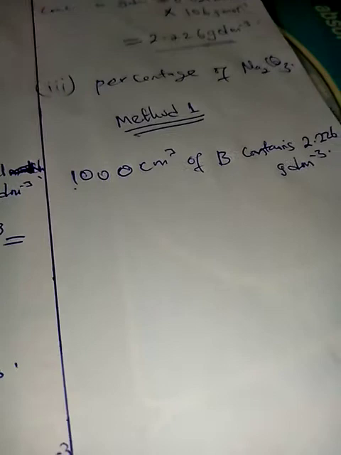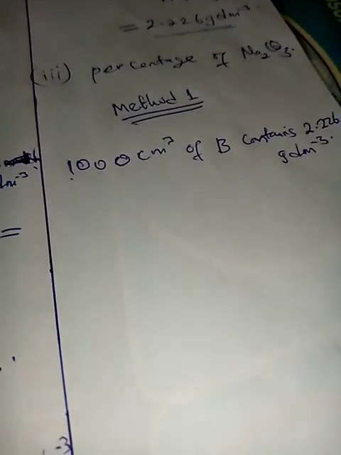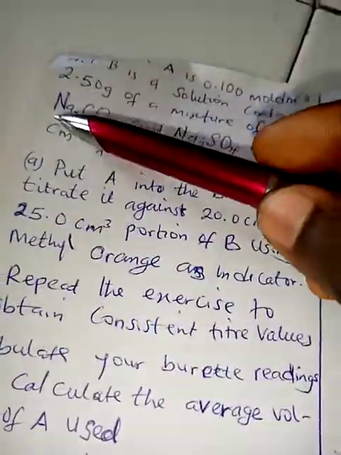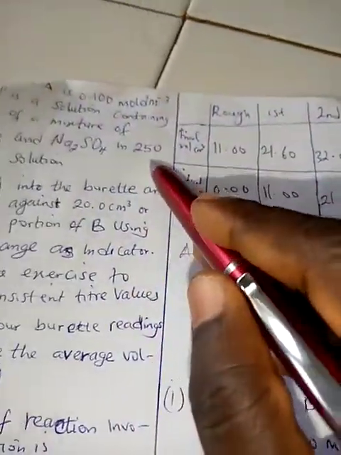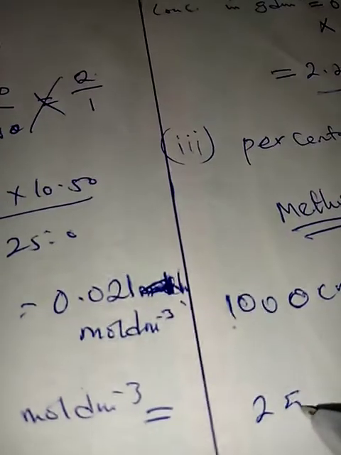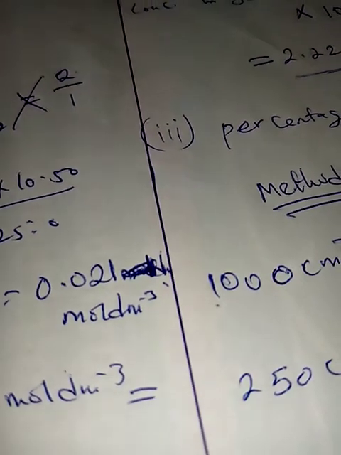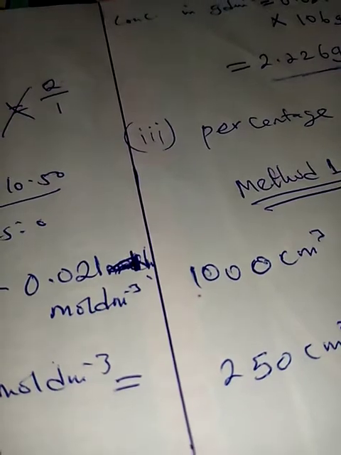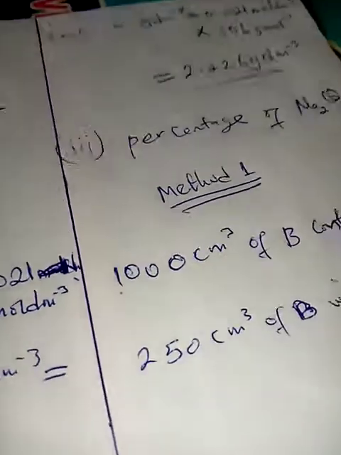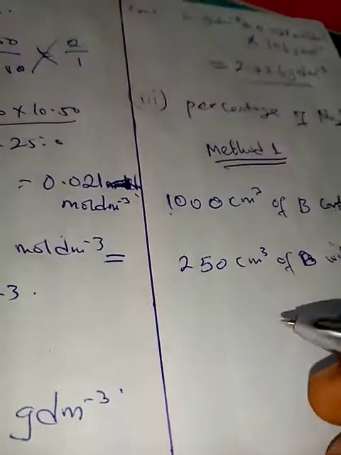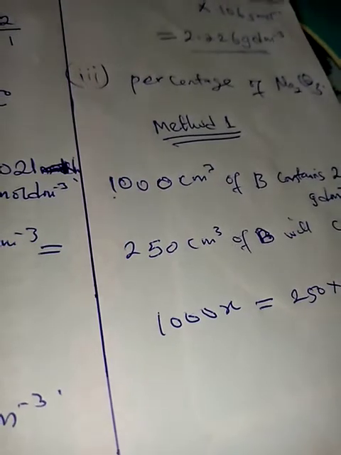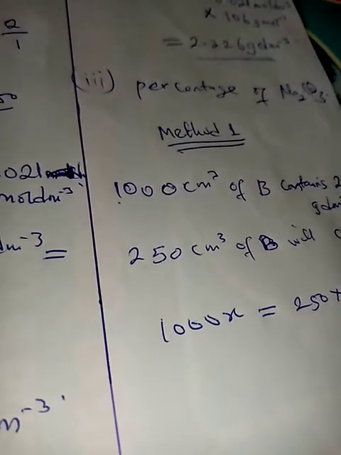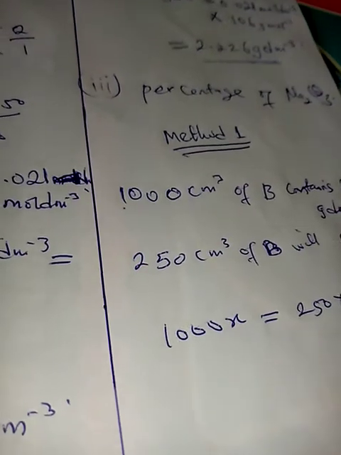Now let us look at the amount that will be present in 2.50 of the mixture, that is 250 cm cube of the mixture. So 250 cm cube of B will contain X. If you cross multiply, I'm going to have 1000 times X equal to 250 times 2.226 gram per dm cube.